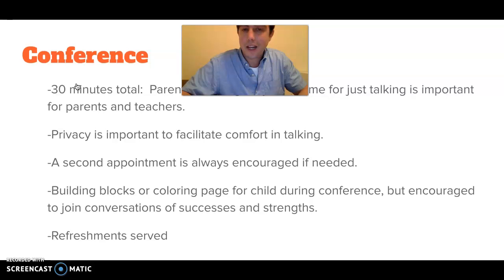And obviously we need privacy, so the conference is the way you do it. It's just a comfortable setting to discuss between parent and teacher. And a second appointment is always encouraged if needed. So if you need more time to talk, some different, difficult issues, maybe things like that, always open yourself up for a second appointment.